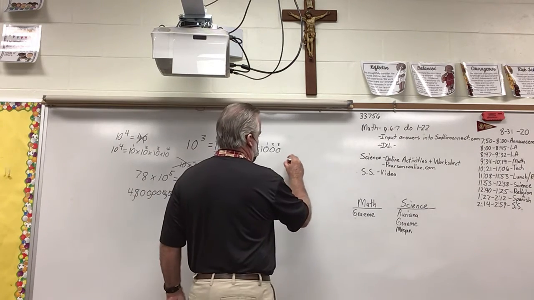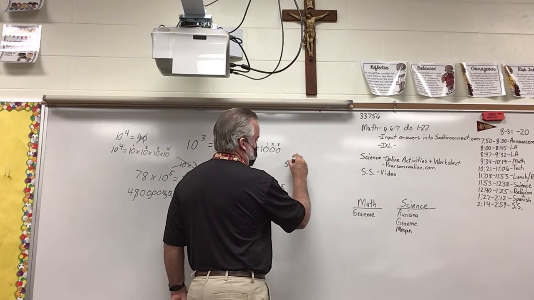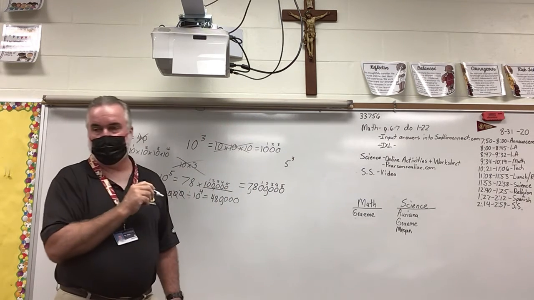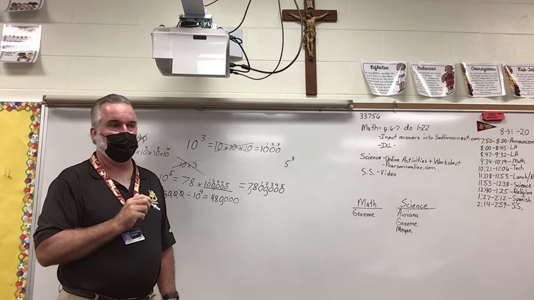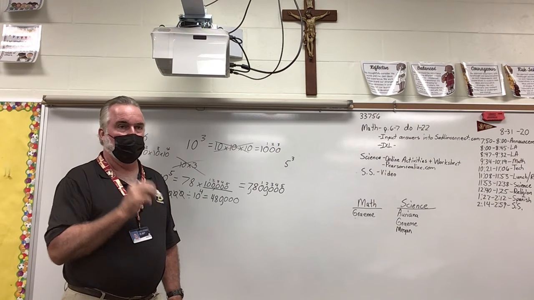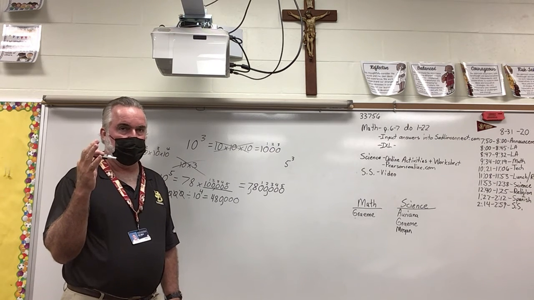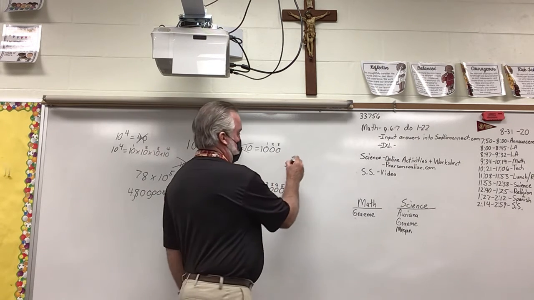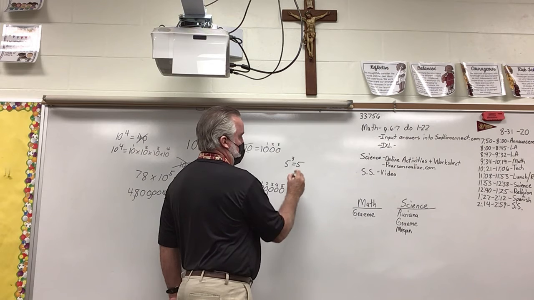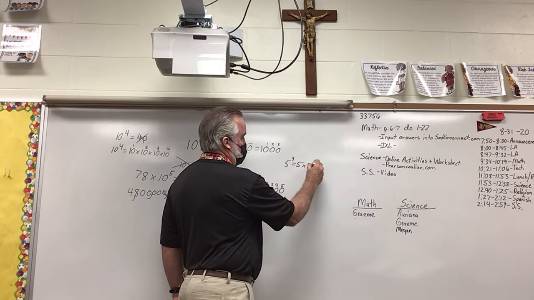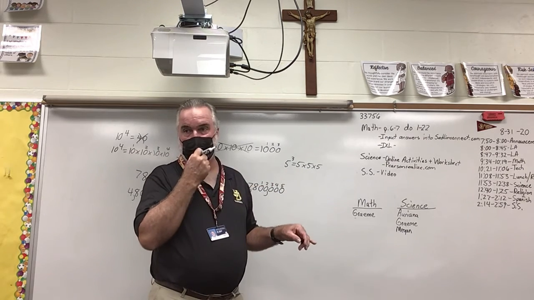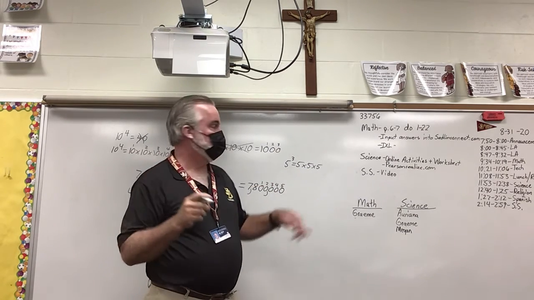And since you guys are pretty smart with this, in catching on, you're going to run into problems, not today, but in the future, where it'd be 5 to the 3rd. What would that mean, Riley? 5 times 5 times 5. Yep. Basically, that's 5 times 5 is 25.